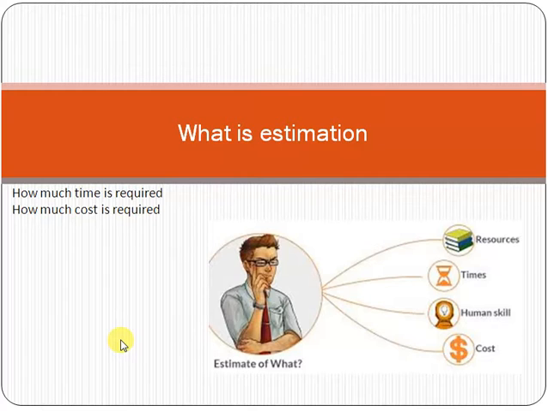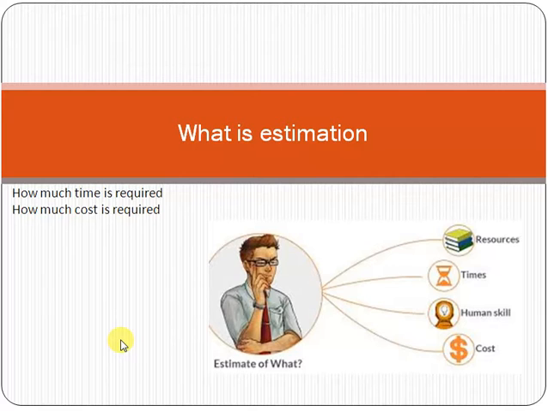Friend, whenever we talk about estimation, basically estimation in projects means two questions: how much time is required and how much cost is required. These are the two main questions whenever we are initiating and implementing any project. So during the planning phase we must answer those questions.